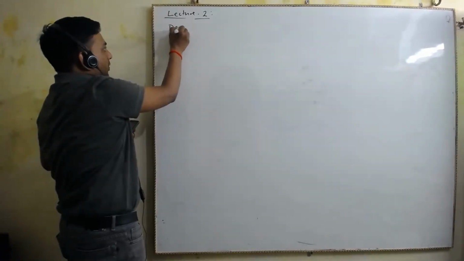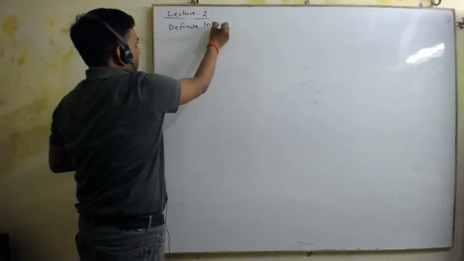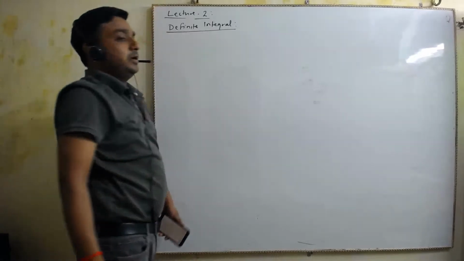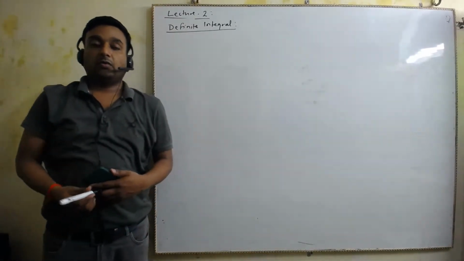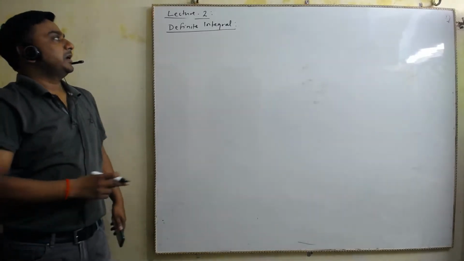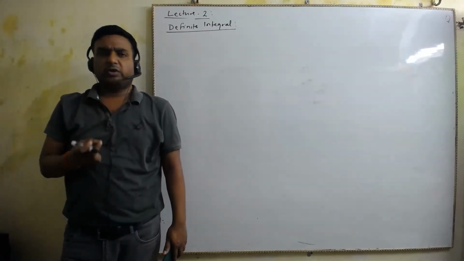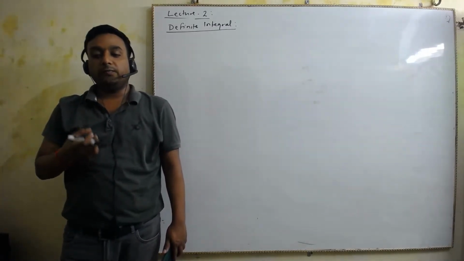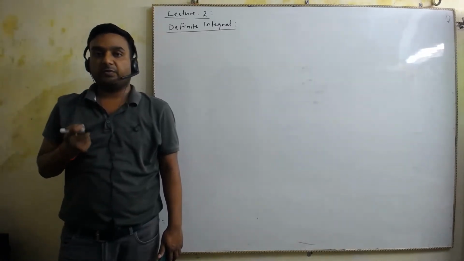Today we are going to learn some more categories of integrations. When I talk about definite integrals, what happens from this property? Basically, when you deal with different types of integrations, you encounter some basic properties. Out of those basic properties, usually in the exam they ask some questions.